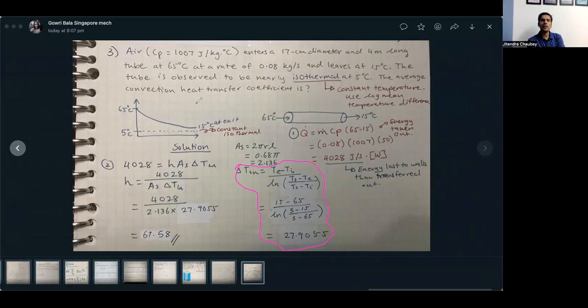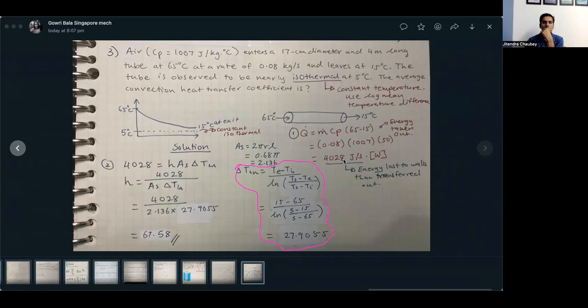The question is asking about... the tube is observed to be unilateral. The average convection heat transfer coefficient. So h is asked. Constant temperature, log mean temperature difference. Okay. m dot Cp dT, m dot into Cp into temperature difference.